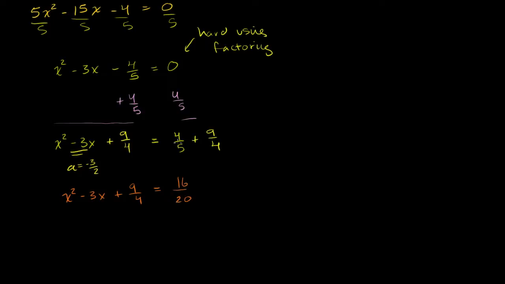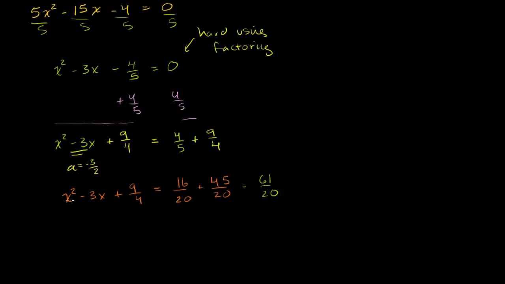Just multiply the numerator and denominator by 4, plus over 20. 9/4 is the same thing if you multiply the numerator by 5 as 45/20. And so what's 16 plus 45? You see, this is getting kind of hairy, but that's the fun, I guess, of completing the square sometimes. 16 plus 45, that's 55, 61. So this is equal to 61 over 20.